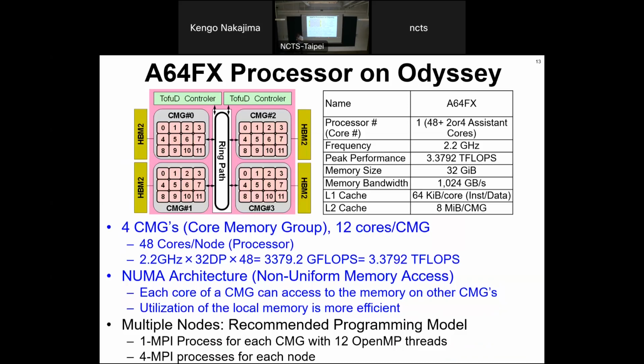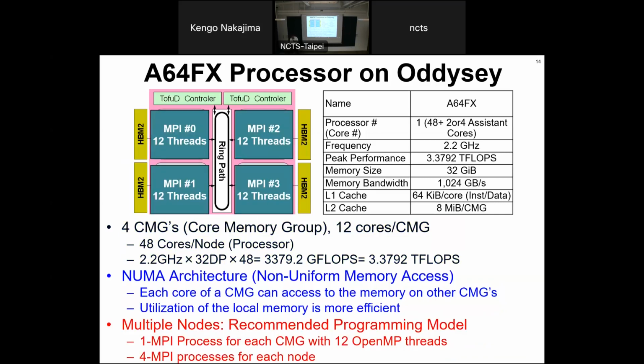Generally speaking, Xeon type processors have at least 128 or 256 gigabytes. Compared to that, it's very small, but it's very, very fast.